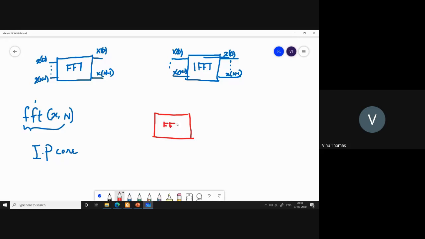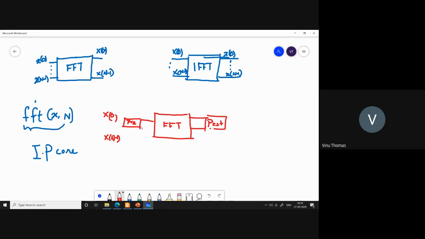Now the same function has to be used where you have capital X of 0 to capital X of n-1 here. Maybe you use a pre-processing stage, and maybe you might need a post-processing stage.